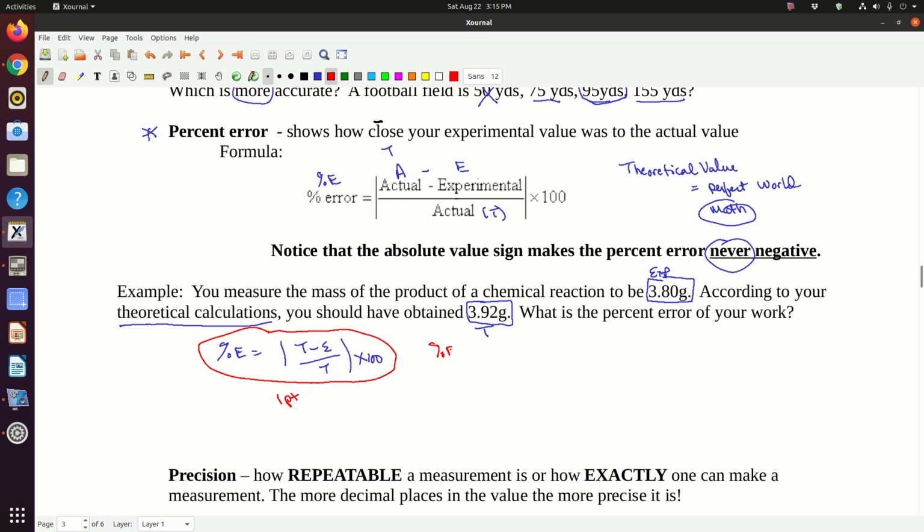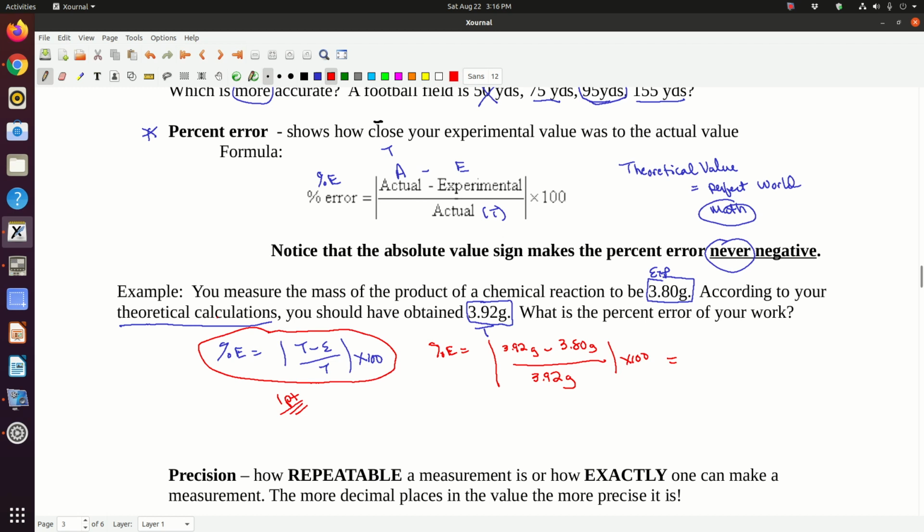So percent error would equal the absolute value of the theoretical amount, 3.92 grams, minus the experimental amount, 3.80 grams, divided by the theoretical amount, 3.92 grams, times 100. So now I've substituted the values. This is not the point. This is the point. Now we're going to do the math.